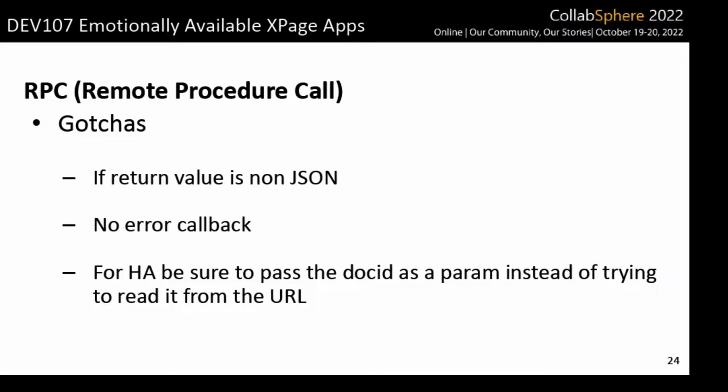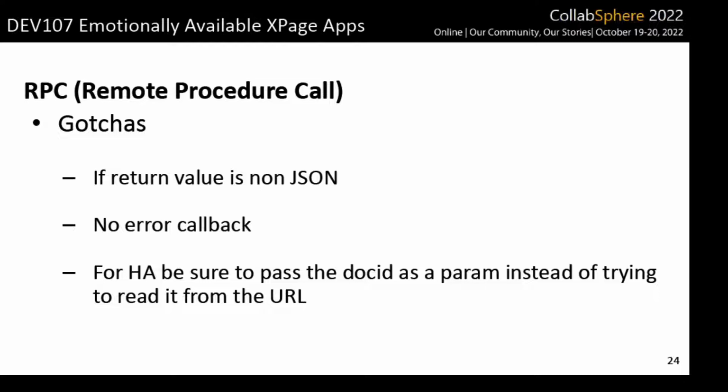Some important things to remember about the RPC control. If the Domino server is fulfilling the request, and as long as your server-side code is returning a value, the result is going to be returned as JSON. However, we've had an instance on a public-facing site that is behind an F5 firewall / reverse proxy, where the F5 did not like something about the request, and it intercepted the request, and the request never got to the Domino server.